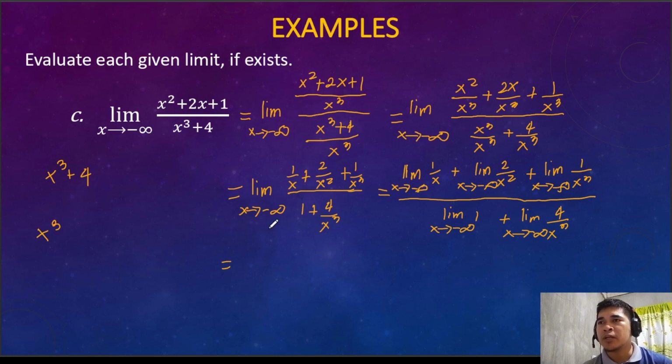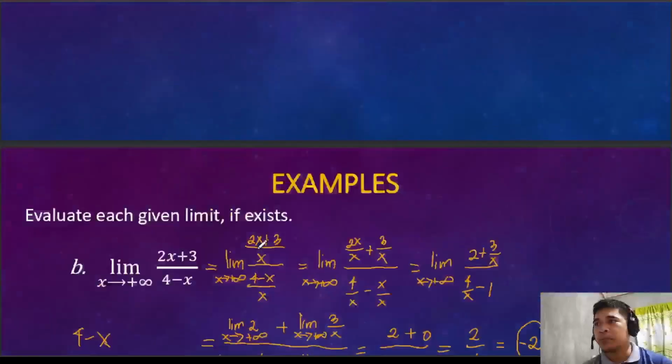Okay, so limit of 1 over x as x approaches negative infinity, that is 0, based on our theorem 1.5.1.